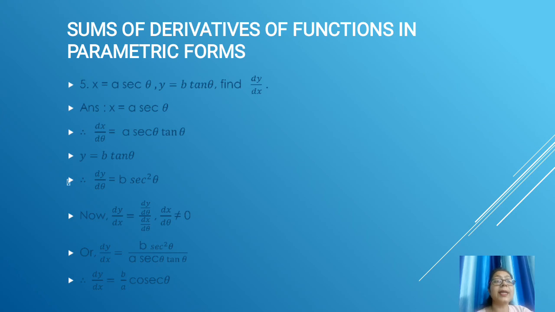Next, y is equal to b tan theta. So dy d theta is equal to b sec square theta. Now using the formula, dy dx is dy d theta by dx d theta. So b sec square theta by a sec theta tan theta. B by a, after calculation we are getting cosec theta. B by a into cosec theta.